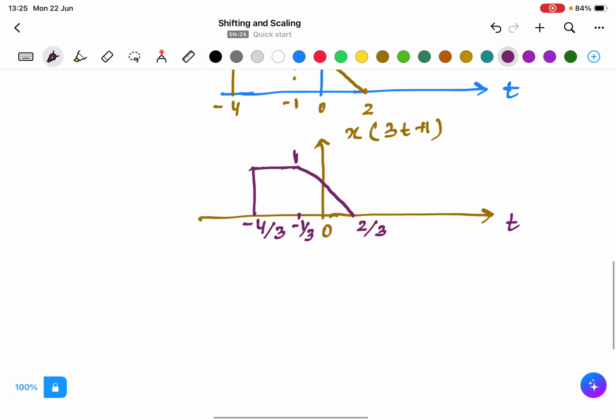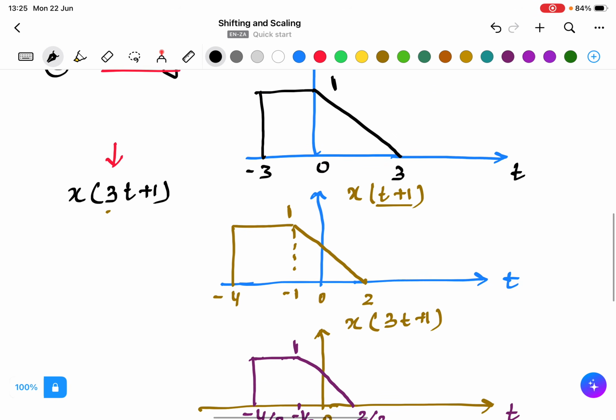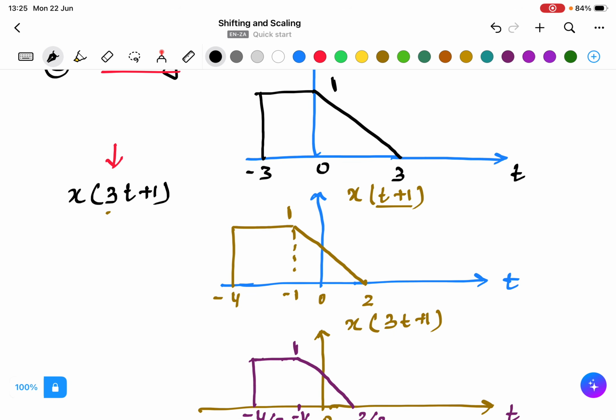There's a bit of an extension to it. Let's say the question says to do this: x of minus t plus 1. The original signal remains this one. So this is your original signal, and let me write the question here only: x of minus t plus 1.